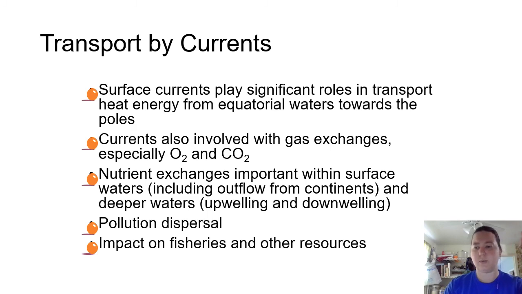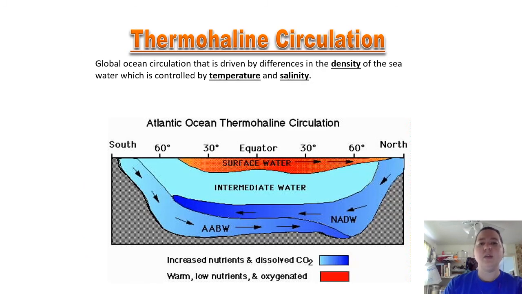fisheries and other resources. So thermohaline circulation is based entirely on changes in temperature and salinity, which again, like I said, changes in density.